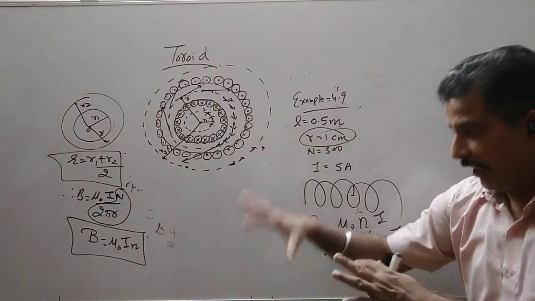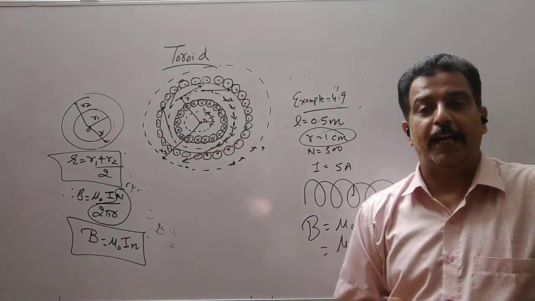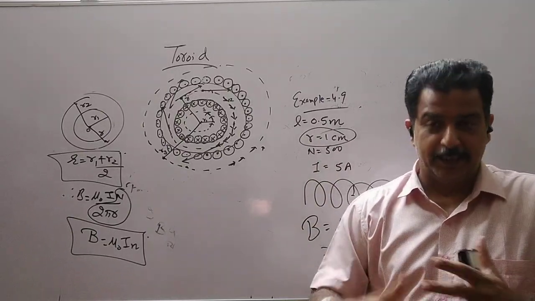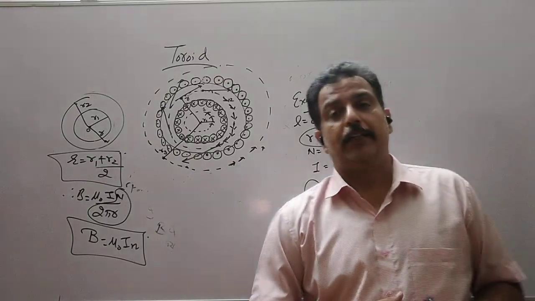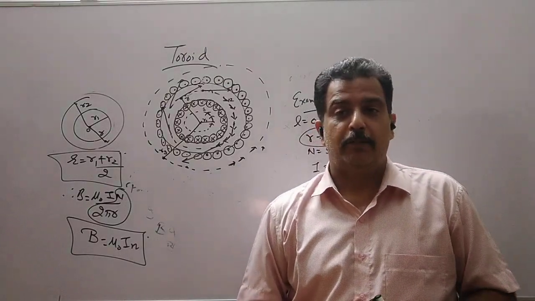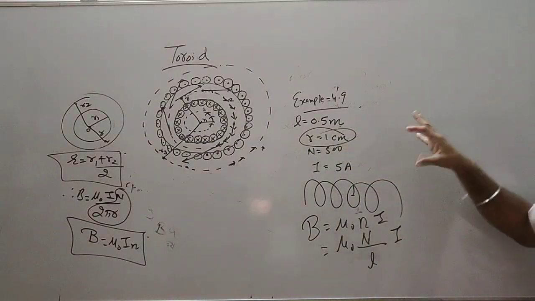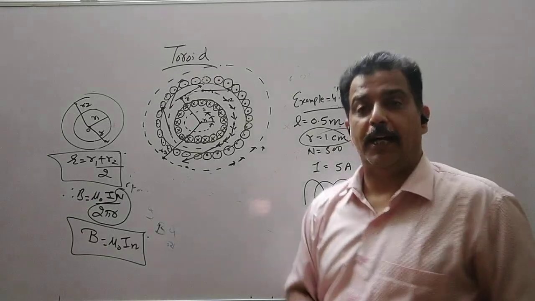So this derivation holds good for an ideal solenoid and an ideal toroid. If the solenoid has a finite length, then we have a different formula for it. We will see that in our JEE class. Here too, if you compare, it is an ideal solenoid. Substitute all the values and find the answer.